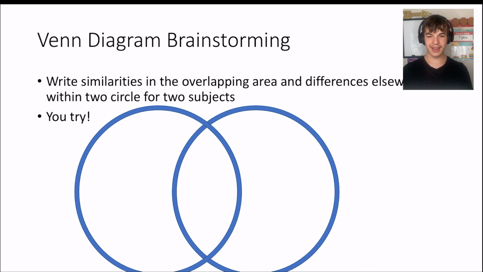And now if you had a difference for each topic, topic one would go in the left circle and topic two would go in the right circle. Then you'd list the differences between topic one and two in the respective left or right side of the overlapping part in the Venn diagram.